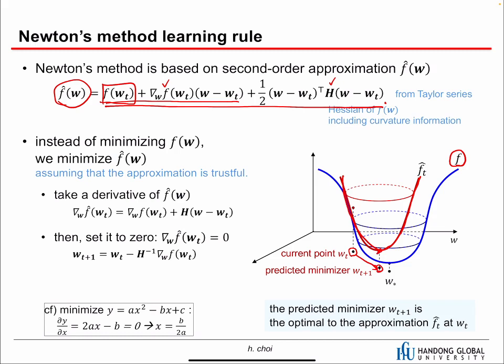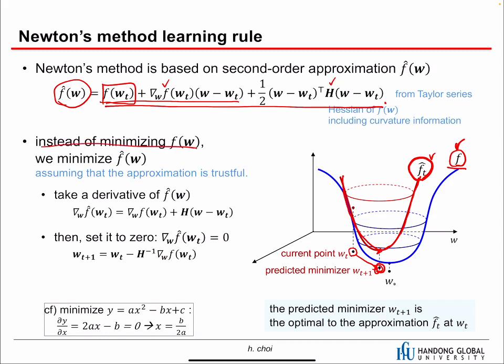We trust this quadratic equation, and we minimize it rather than f, because we trust that f hat is approximating f really well. Since this is a quadratic equation, we know the solution. That's how Newton's method works.